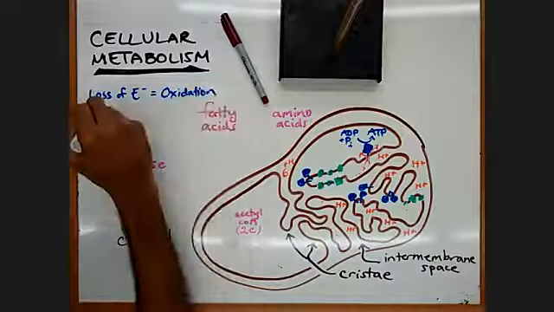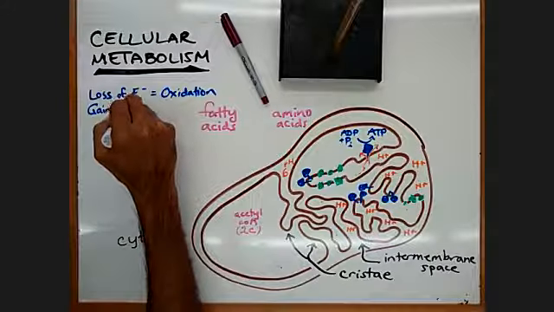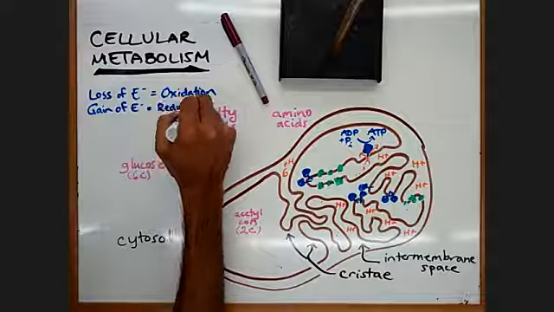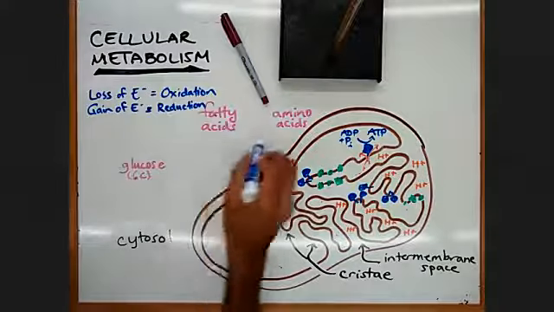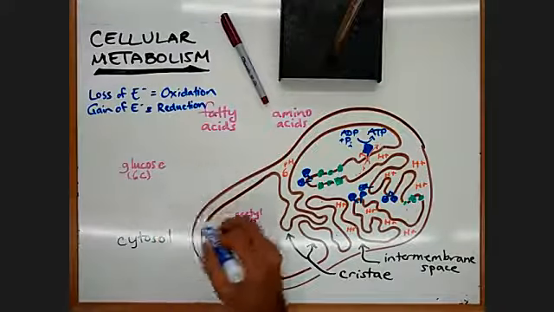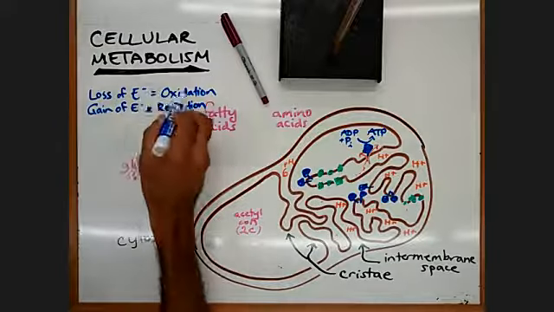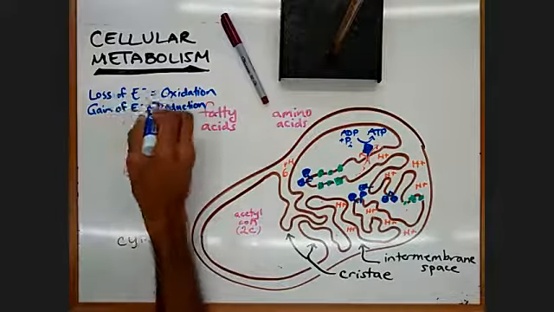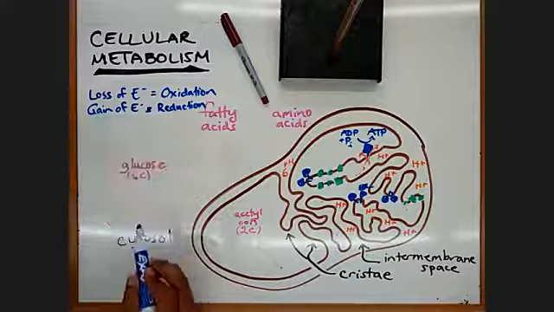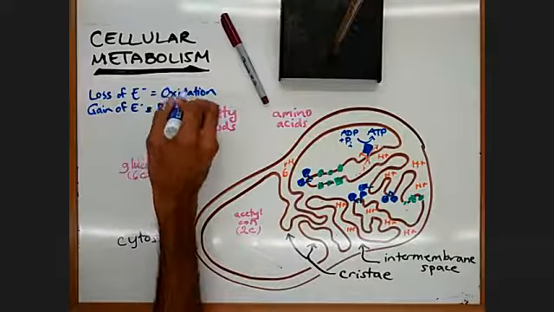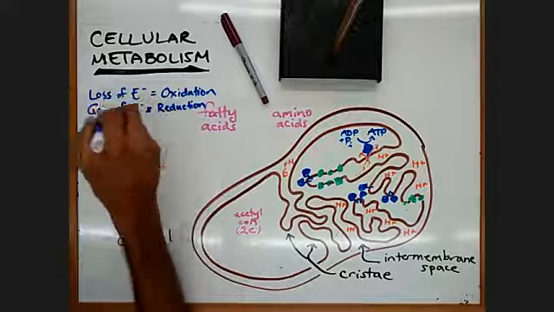Gain of electrons equals reduction. What we're talking about is oxidation of these fuels. They're going to lose electrons, and we're going to transfer them to the next step over there. The way to remember this: LEO, L-E-O, GER, G-E-R. Leo the lion goes GER. Another way of doing this is OIL RIG. So oxidation is loss, reduction is gain.